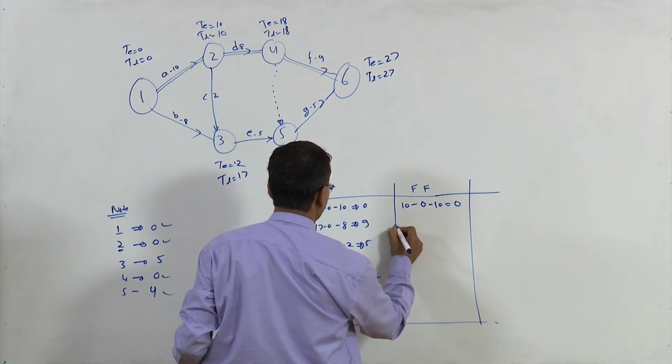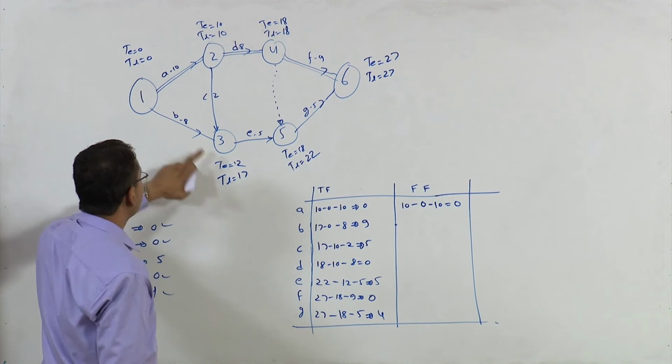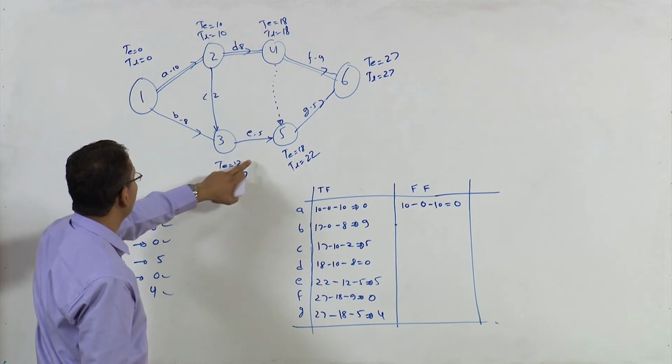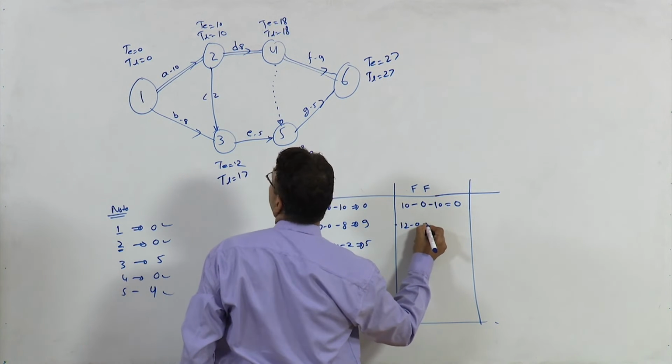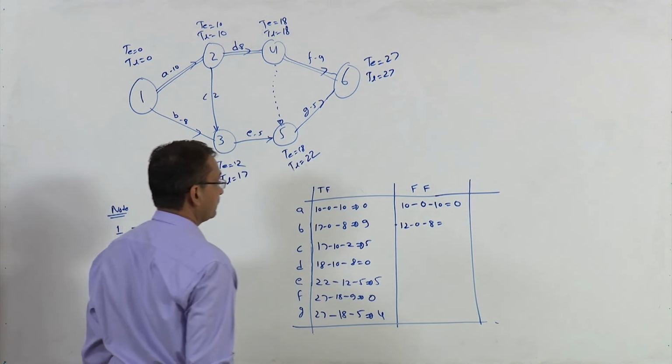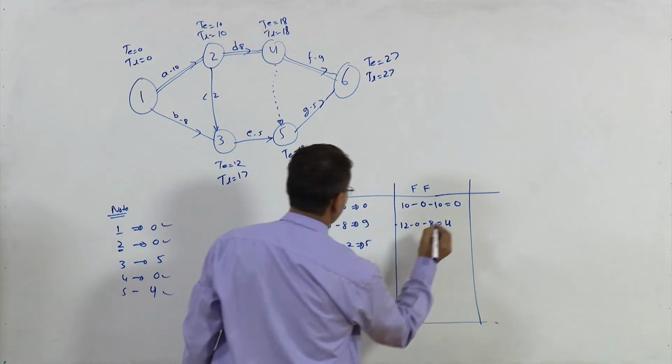Now look at activity B. Activity B is here, so TE of this minus TE of this, 12 minus 0 minus 8, the duration of the activity, which is 4.